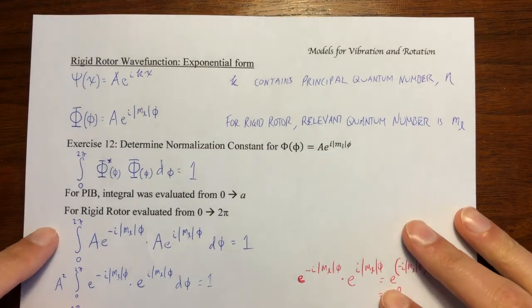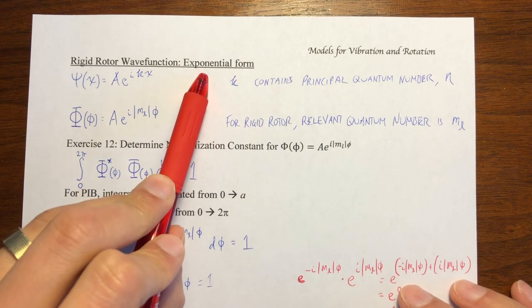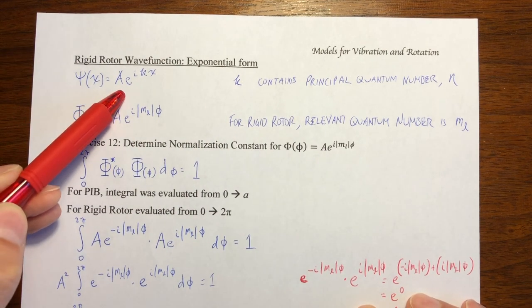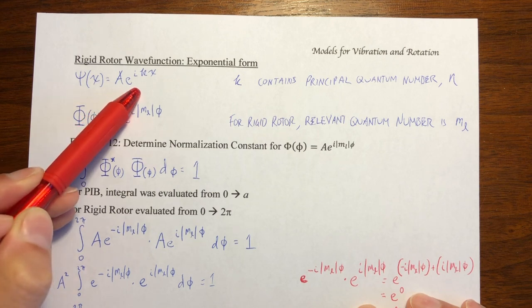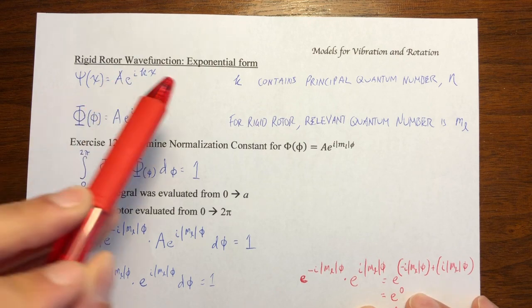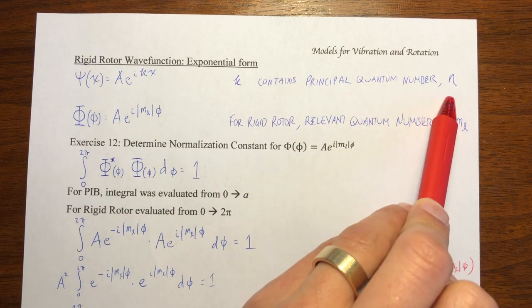So let's continue discussing the rigid rotor wave function, but this time in the exponential form. If psi of x is equal to A times e raised to the i kx for a time-independent wave function, k contains the principal quantum number n, as we saw on the last page.